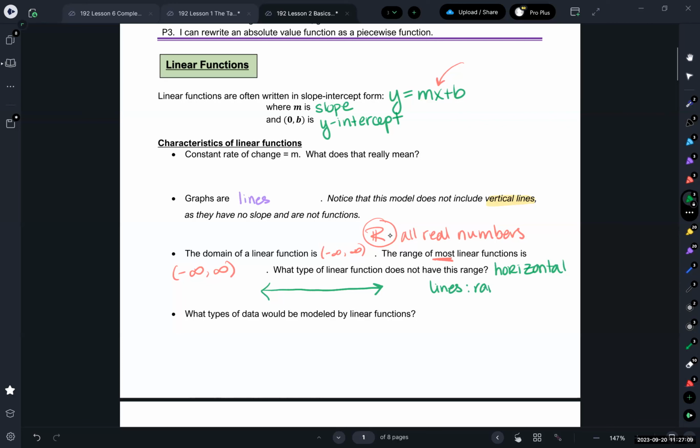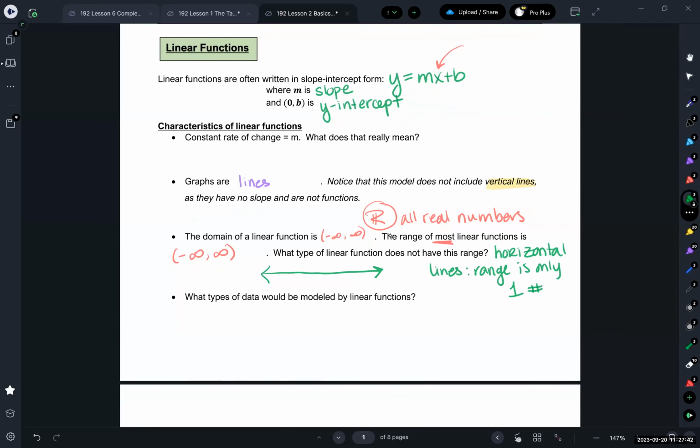Their range is only one number. I'm going to use the pound symbol or the hashtag to stand for the word number because it's a lot shorter to write. Okay, so if I have just a standard line that has a slope that's not 0, then I will hit all of the y values in my range. But if I have a horizontal line which has a slope of 0, then I'm only going to have one number, one y value that comes out of that function.